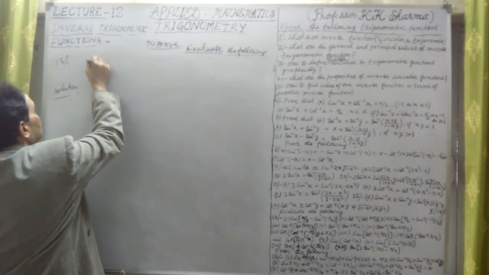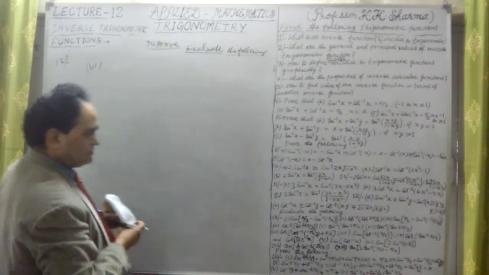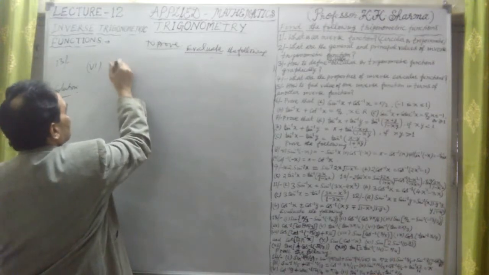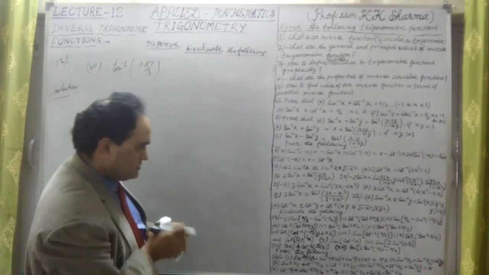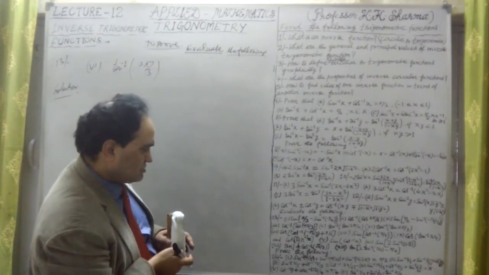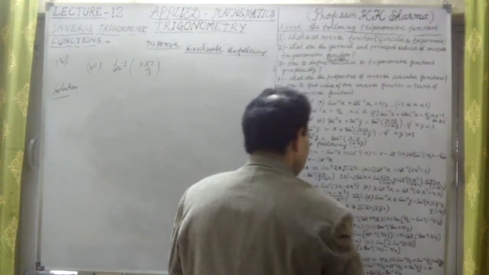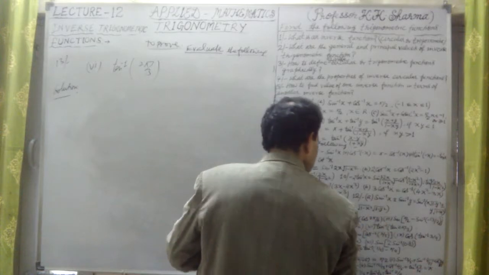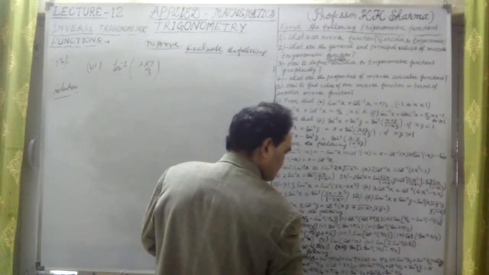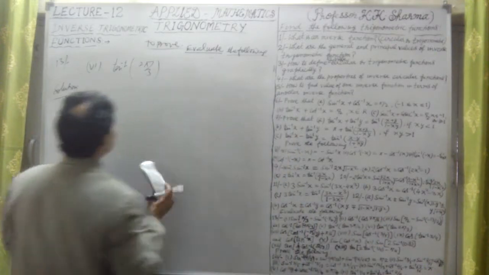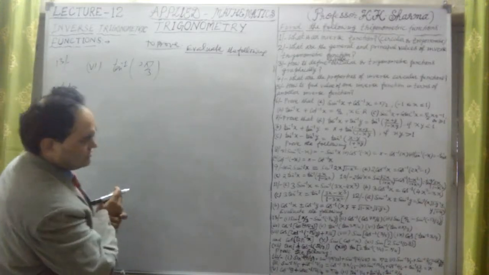Question number 13, sixth part. This is tan inverse of tan 2 pi by 3. No problem, it can be written as tan inverse of tan 2 pi by 3.